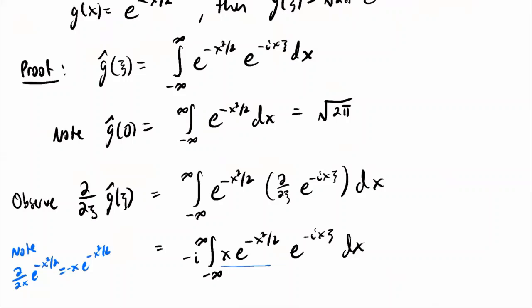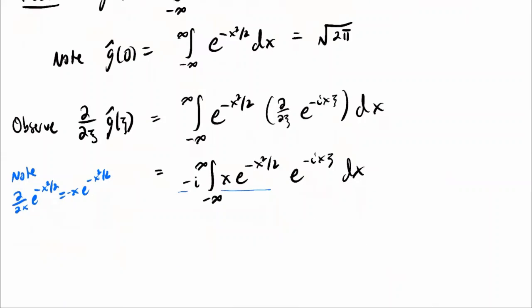And so if I include this minus sign, I can replace what I have underlined by the integral from minus infinity to infinity. I have this i term floating on the outside, and then the derivative with respect to x of the Gaussian times this complex exponential.